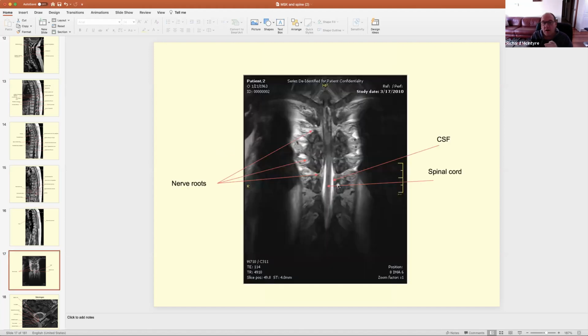We don't often do a coronal image of the thoracic spine or the lumbar spine or the cervical spine. There's only a few indications where we do coronal imaging, and that's to see the nerve roots as they exit the cord. If there's a condition known as neurofibromatosis, there are tumours that grow on these nerve roots.